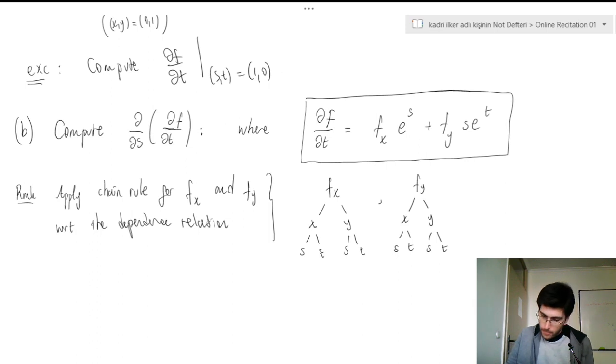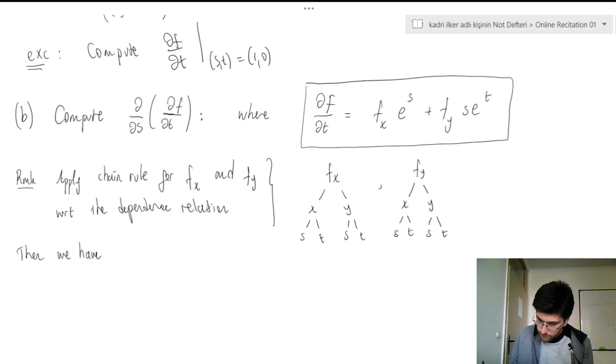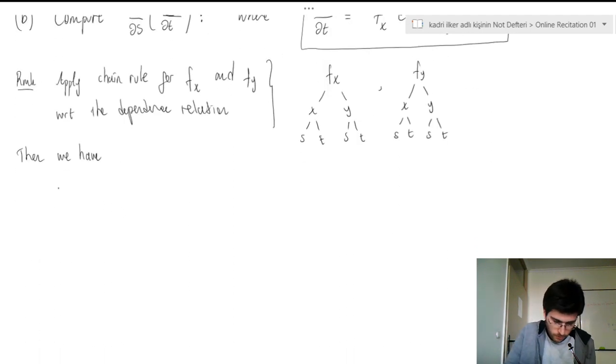Okay, so let's see. Now we are going to compute this derivative.